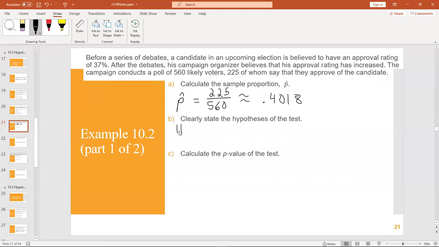You say H0. H0 is always a statement of equality. So you're going to say prop equals P0. That is the null hypothesis. And then you do the alternative, HA.